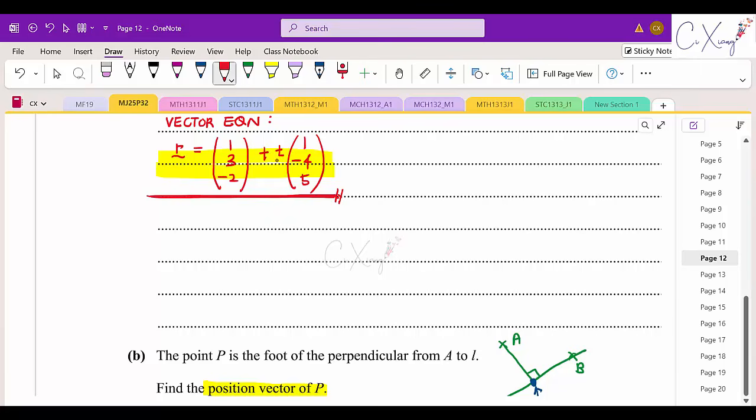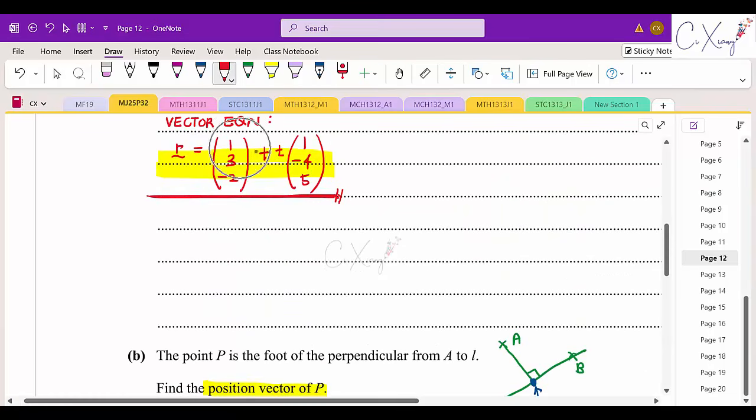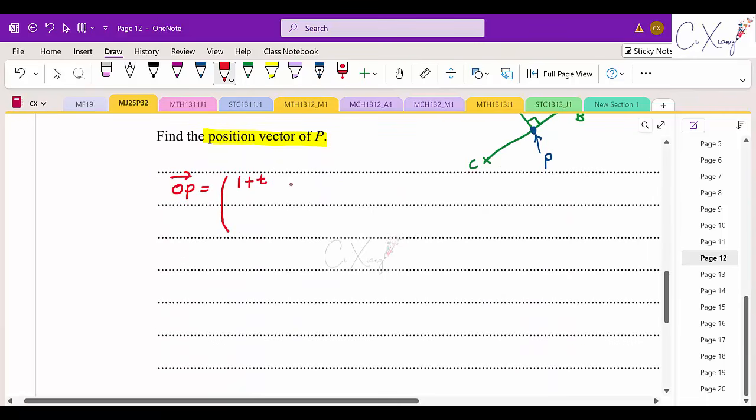So if we successfully get the t for point P, then we will get the position vector for P. So I combine the vector equation to become 1 plus t, because it is from 1 plus 1t, then 3 minus 4t, then -2 plus 5t. So 1 plus t, 3 minus 4t, then -2 plus 5t.